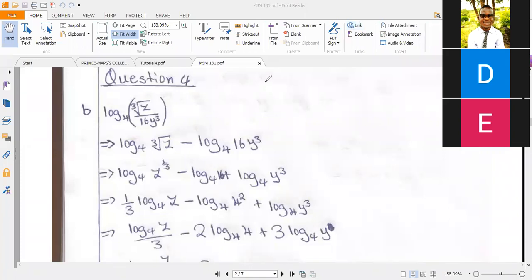I was saying if you have, let's say, log base a of x minus log base a of y, this is the same as log base a. You maintain the base, but then you divide your arguments.